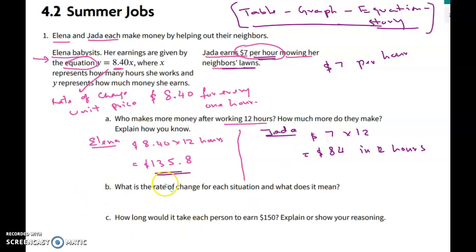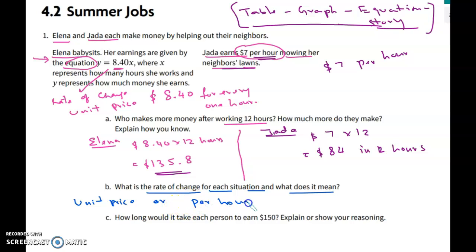Now, let's look at the next part. What is the rate of change for each situation and what does it mean? Rate of change is nothing but how much they make per hour or per unit. So it's basically unit price. Or you can simply say how much they make per hour.